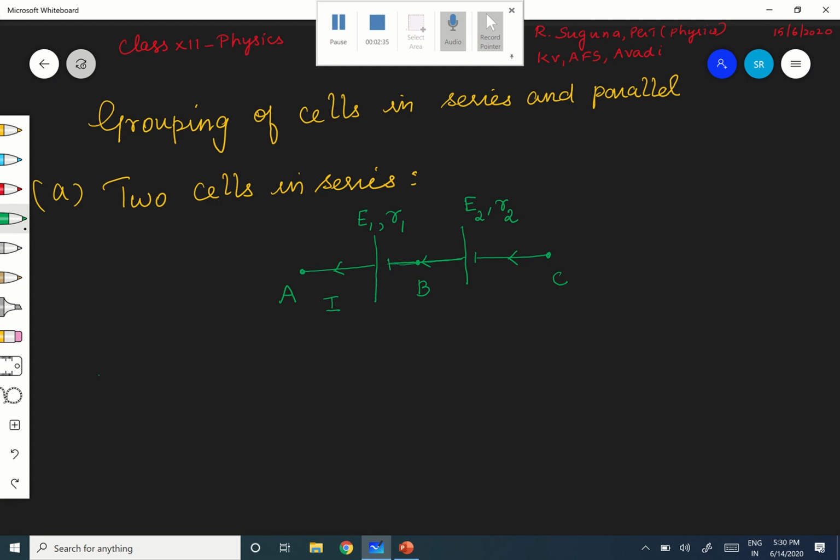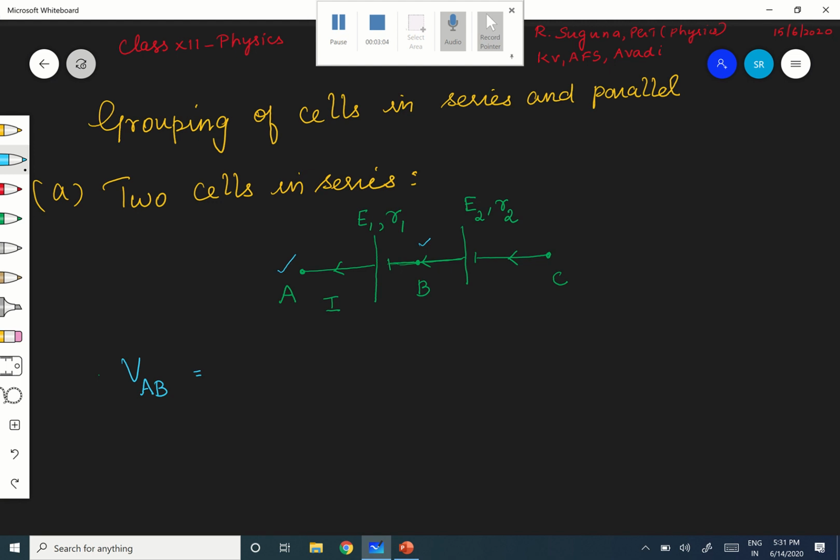Now what I want here is the potential difference between point A and point B. Let me use VAB. What is VAB? A is on the positive side and B is on the negative side. Therefore, VA will be more when compared to VB.